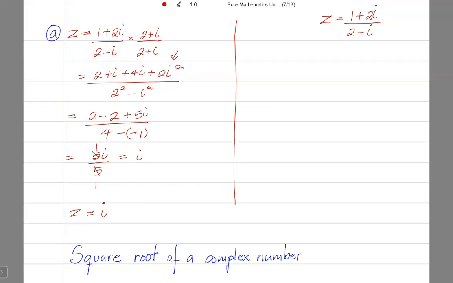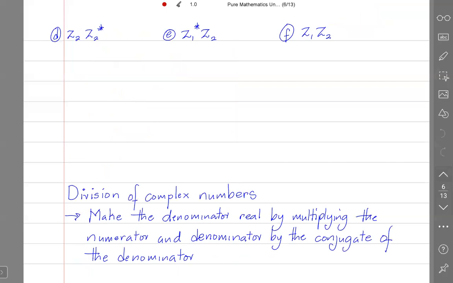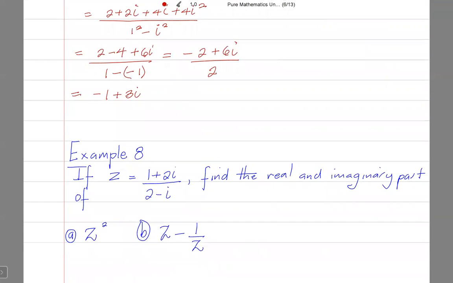So once I know what z is, I can easily work out the next part of the question, which is z minus 1 over z. We can go back to just double check. z minus 1 over z, which would be i minus 1 over i. Should not be an issue.